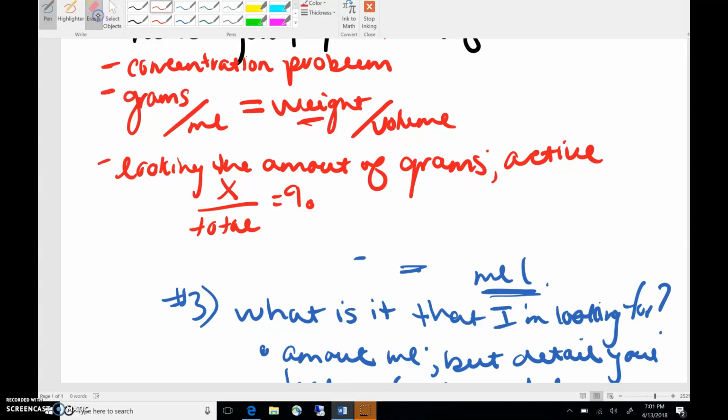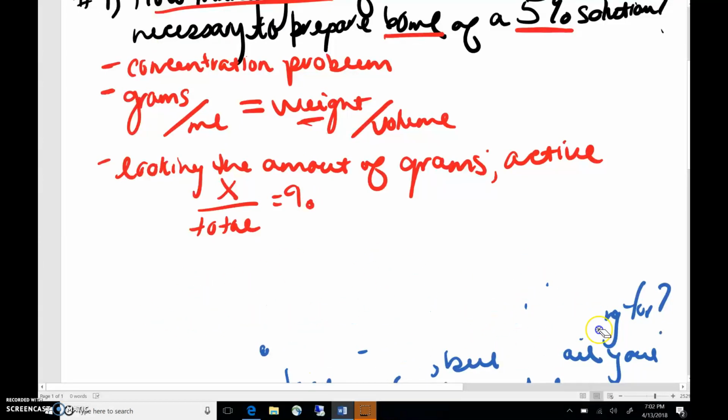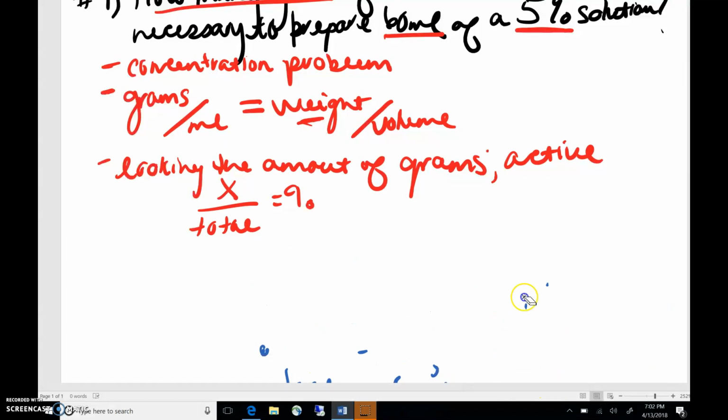All right. So again, I'm looking for my active because it's asking me how many grams of boric acid do I need that are necessary to prepare 60 milliliters of a 5%. How many grams of boric acid? So that means I'm looking for my active.